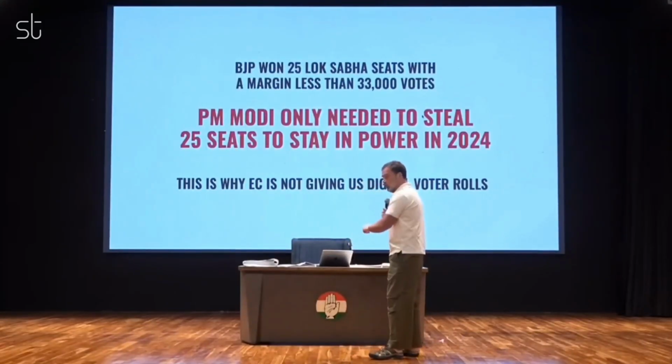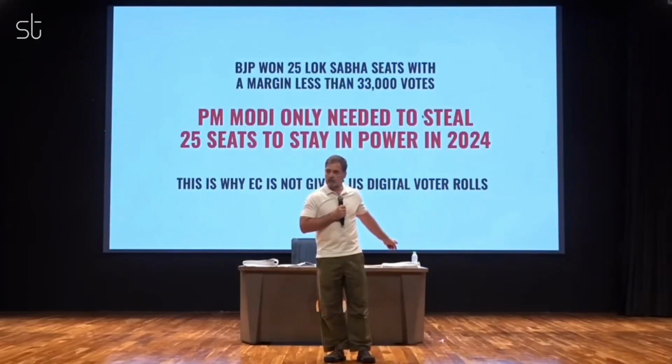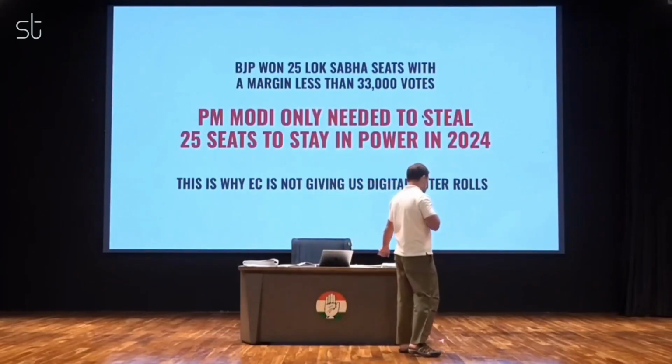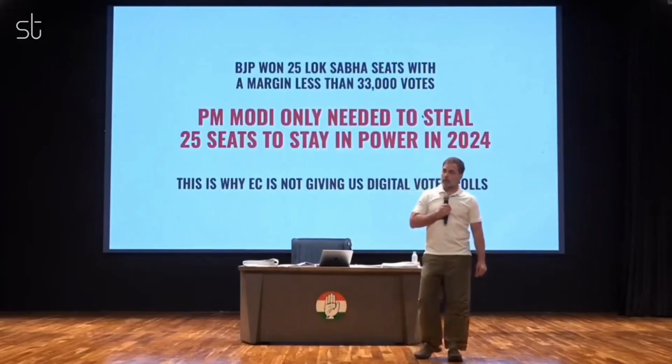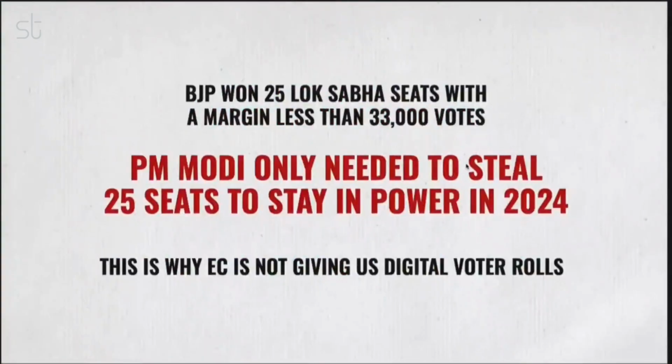All this information now, this is evidence. Not just the Karnataka information, every single voter list of the country. This is a crime that is being committed against the Indian Constitution, against the Indian flag.